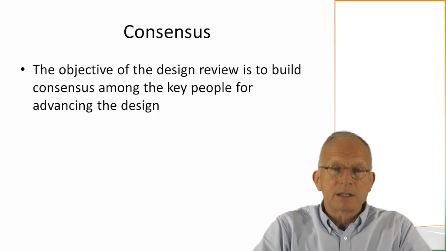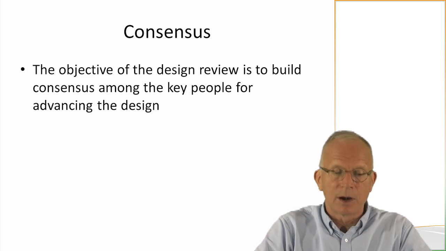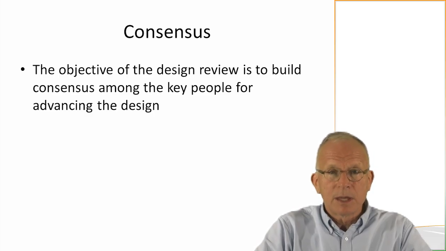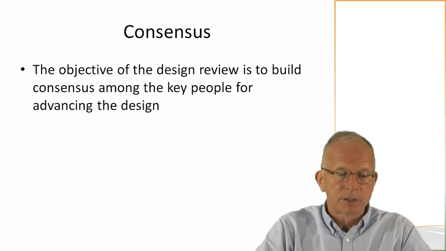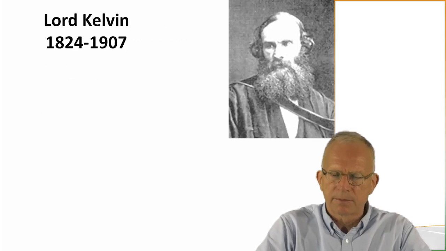When we have a consensus, how do we know when we're done? How do we know when the design is good? Basically, when people stop objecting to it, or everybody's on board, and we've achieved a consensus, at least among the key people, or at least among the person who's going to take responsibility for the design. There are different kinds of design organizations you might have.